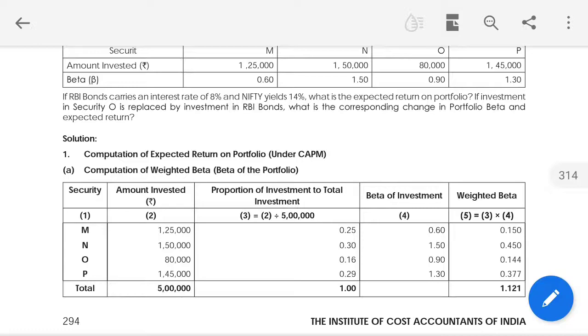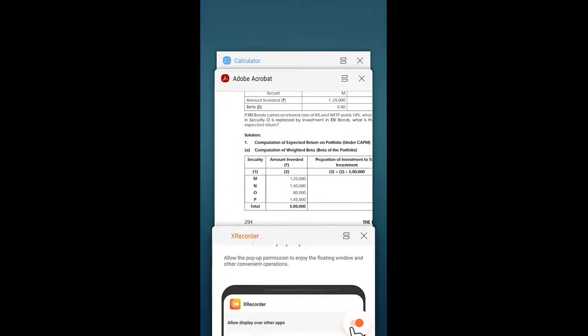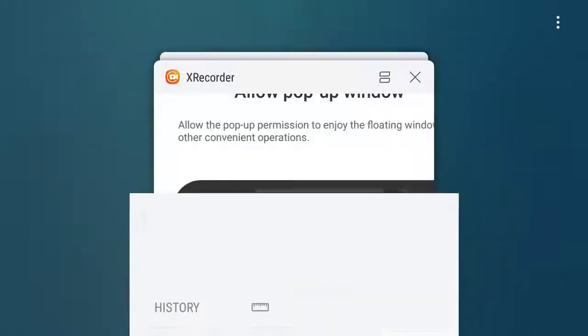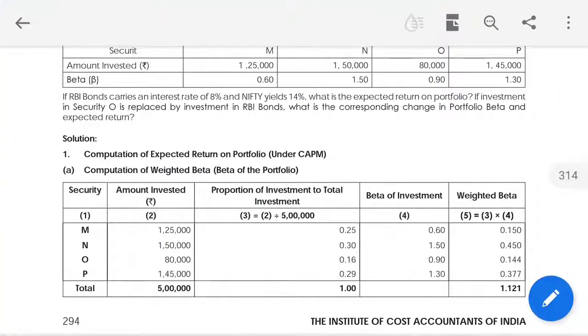So proportion of investment to total investment: if we have 1 rupee, how much we invested in M, N, O and P. So 1,25,000 divided by 5 lakhs, right? 5 lakhs.